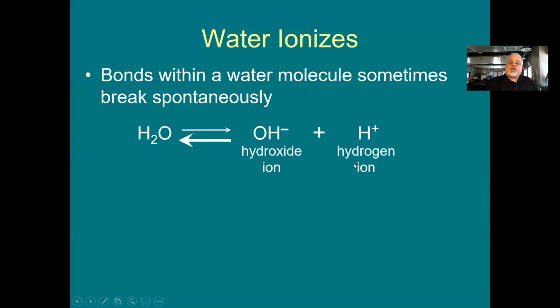On the other side, we get the positively charged hydrogen with a single positive charge. Now, it lost its electron, so what's left? A hydrogen ion is nothing more than a free proton, an escaped proton. That's it. The proton escapes. And that happens all over the place in biology.